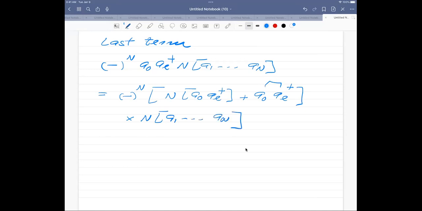This is just a normal order product. And then I know that this n of A0, AL dagger is simply the same as minus n of AL dagger of A0.